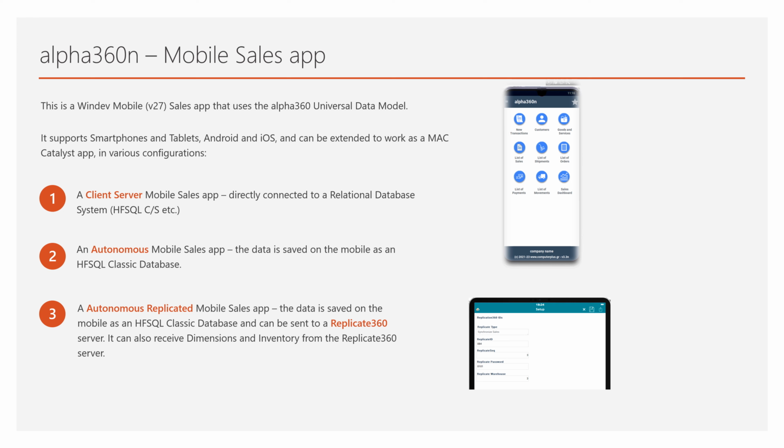And third, an autonomous replicated mobile sales app where the data is saved on the mobile as an HFSQL classic database and data can be sent to the Replicate 360 server. It can also receive dimensions and inventory from the Replicate 360 server, even if we don't want it to work as a replicated system.